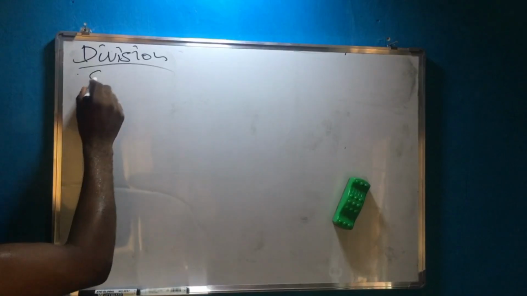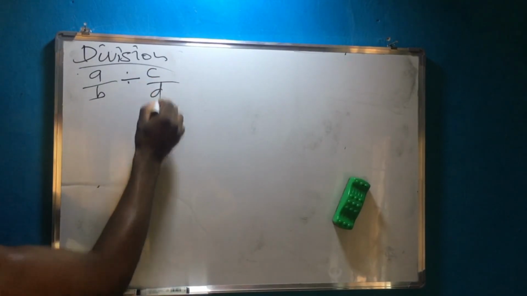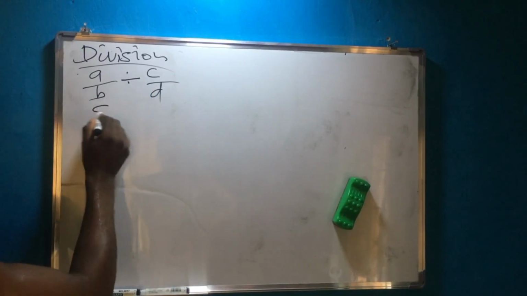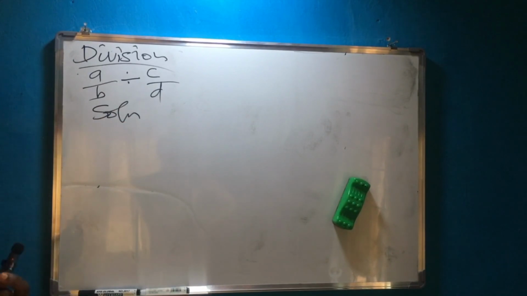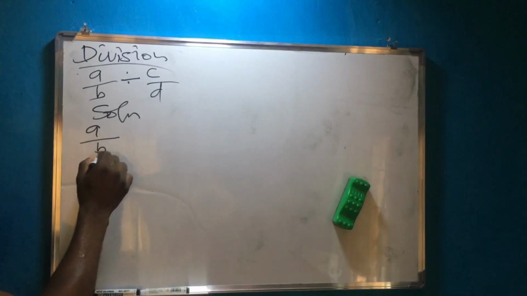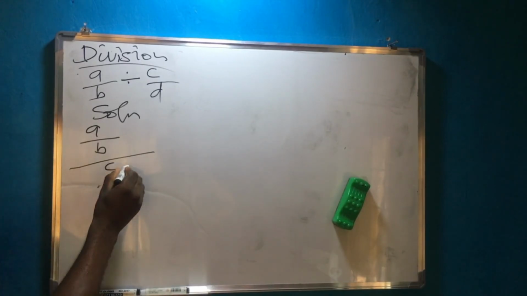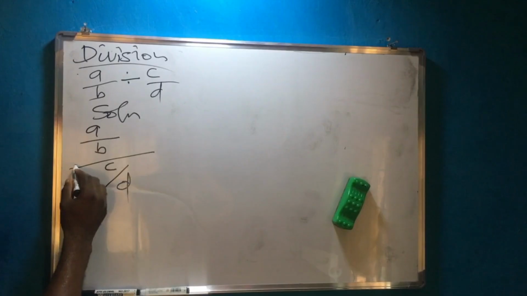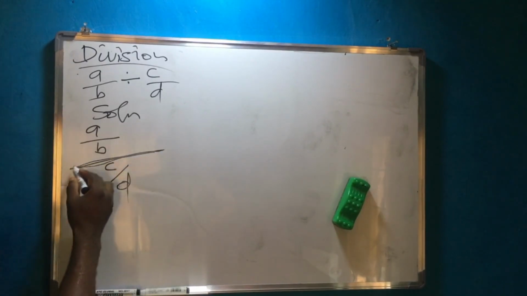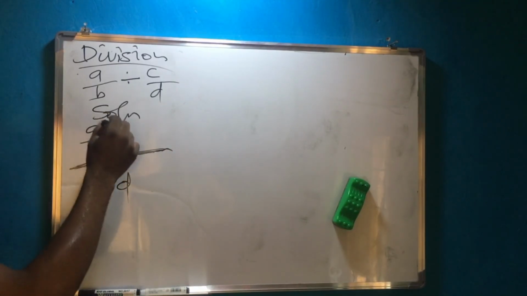So now, let's look at this: A over B divided by C over D. Solution to this problem, you will see that A over B divided by C over D. You can see this bold division line, showing that it is the general division line that now separates this as an entity.